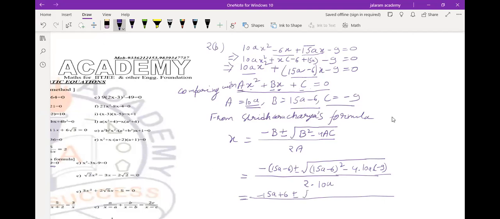Plus minus under root, square this term, 15a minus 6 whole square, which is a square plus b square minus 2ab, plus 4 into 10a into 9, that is 360a, over 20a. Understood?